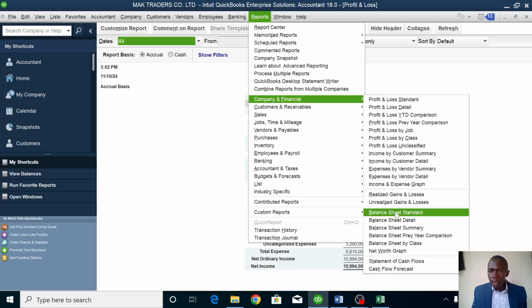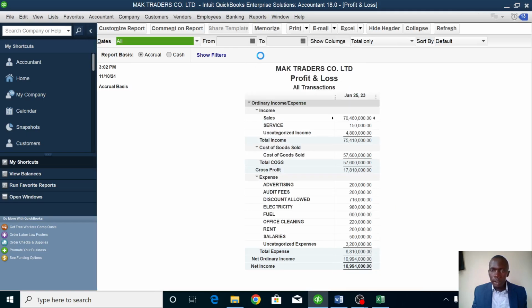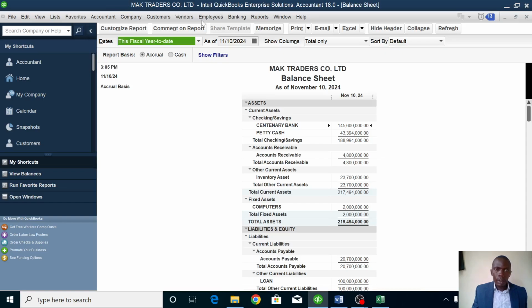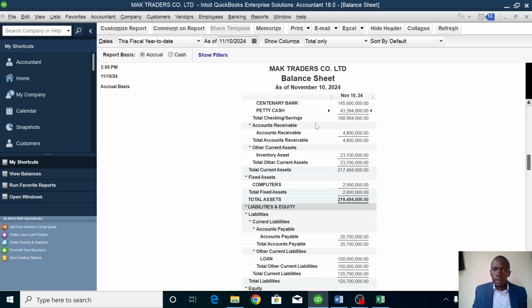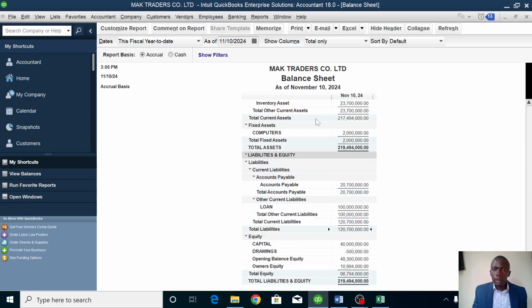We go to balance sheet standard, which is our statement of financial position for this month. Is this one, our balance is balancing. So we can also export it to Excel to create a new worksheet.